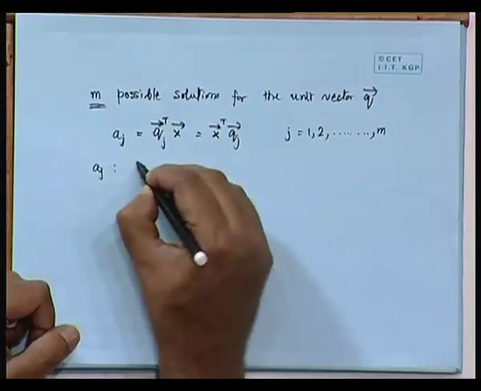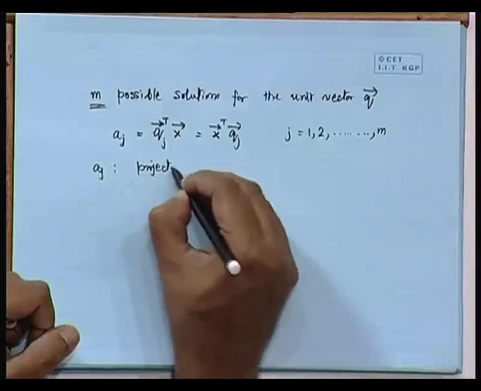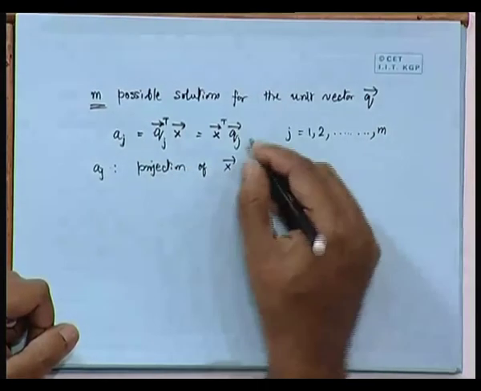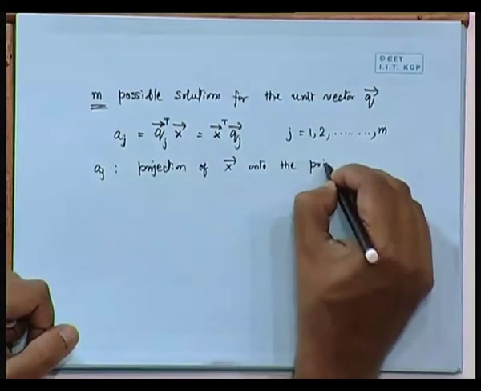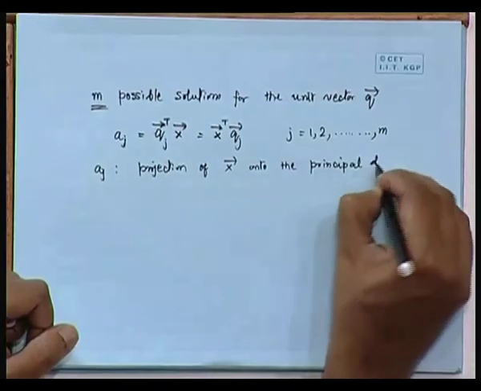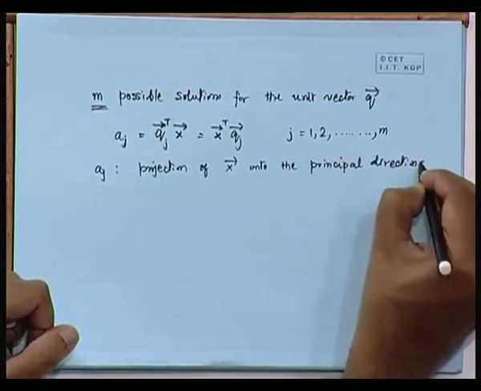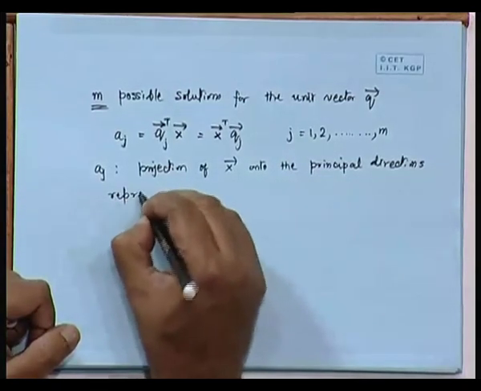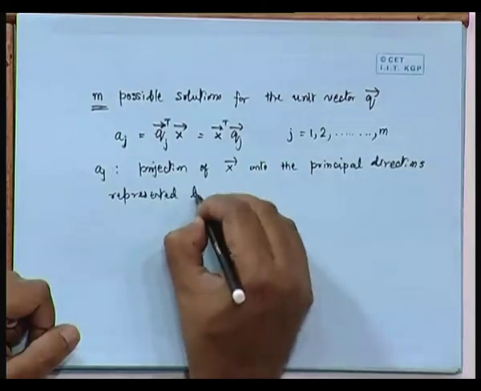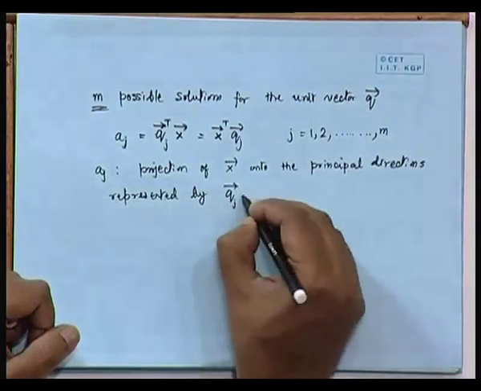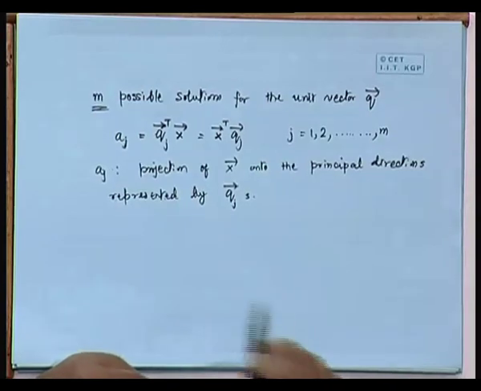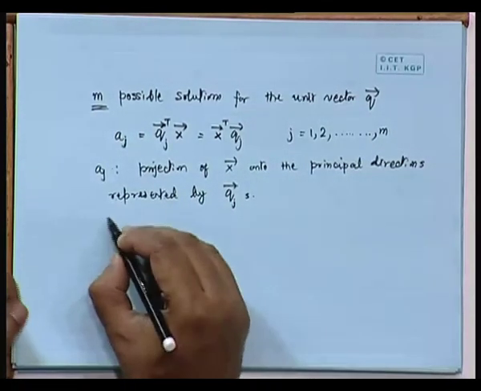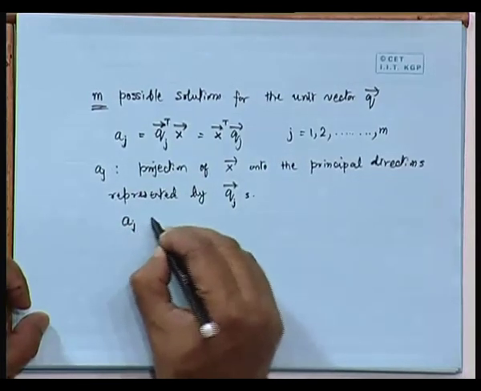So, Aj's we call the projection of the x vector onto the principal directions as represented by qj. And as Aj's are projections onto the principal directions, this Aj is called a principal component.